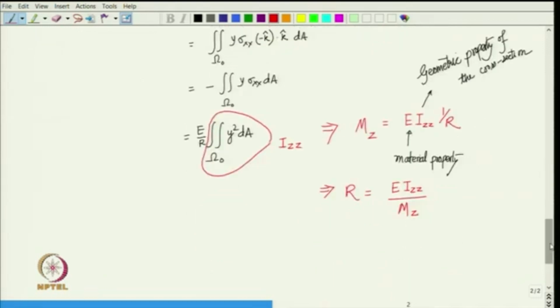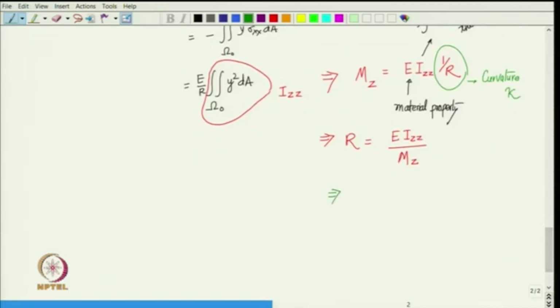And 1 over r is also called curvature. Big R is the radius of curvature, but its inverse is called curvature. We will denote this 1 over r as curvature, and let us use the symbol kappa for it. Just as we have used kappa for twist earlier, now we are going to use kappa for curvature.